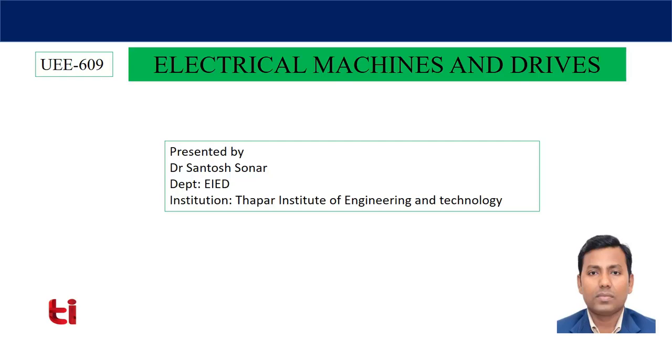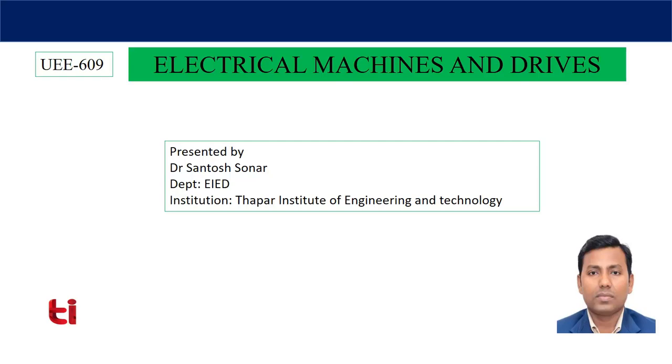In these conditions, our system should operate economically as well as reliably. So to consider those things, we should go for transient analysis of these motors. In this class, we will discuss transient conditions in DC motor drives.